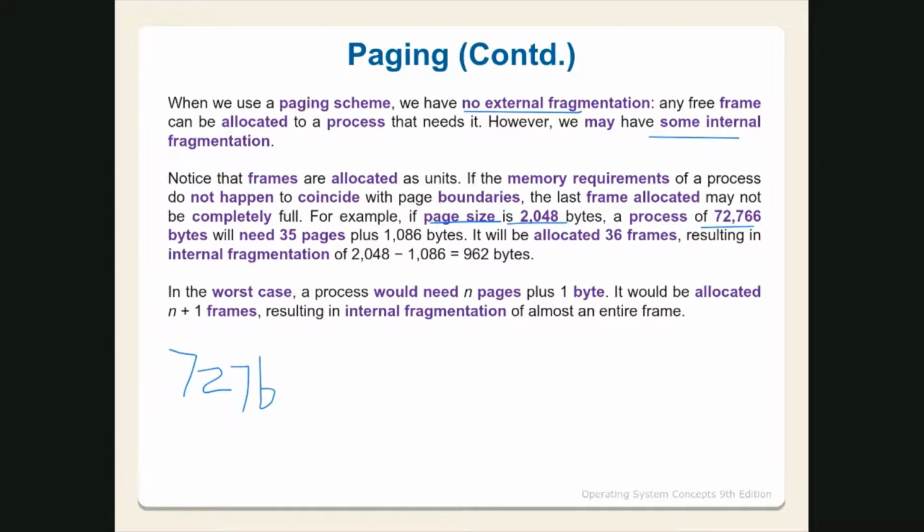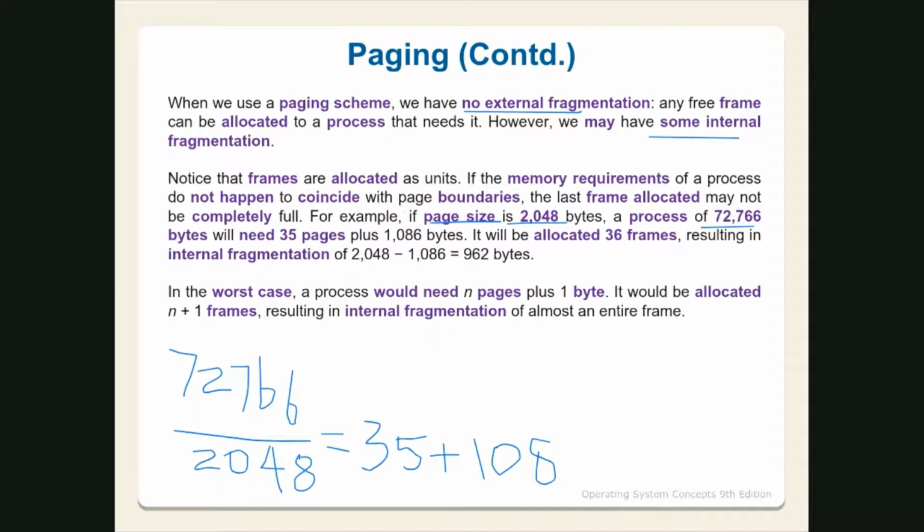When you divide that by the page size, which is 2048 bytes, you will get how many pages I want. When you divide, you get like this: not only 35 pages, there are some more bytes. So 35 pages plus 1086 bytes.